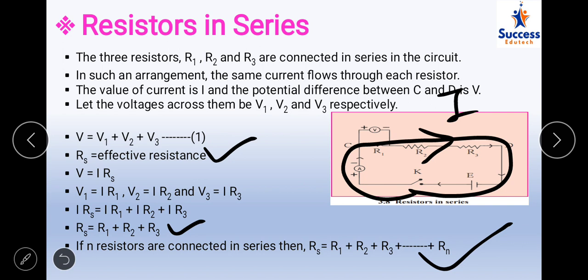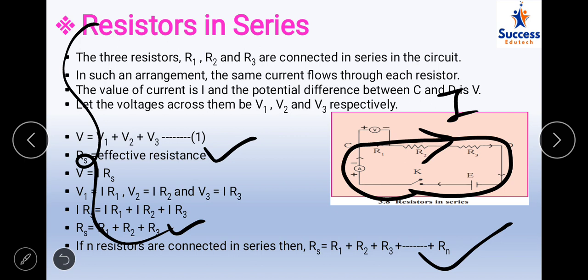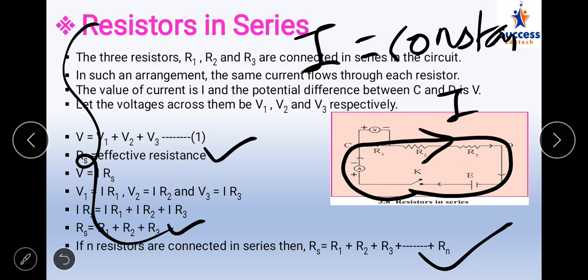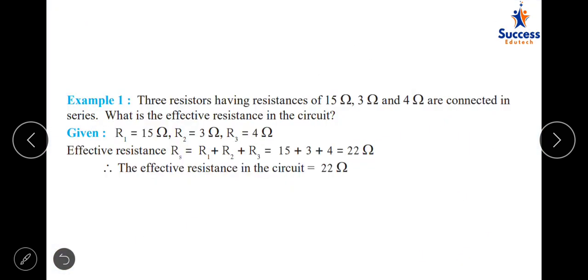What you have to conclude from this entire slide is that whenever resistances are connected in series, first, the current I remains constant, and the voltage gets distributed, that is, it is different for different resistors. So V is equal to V1 plus V2 plus V3. And what you should remember is that the final, effective or equivalent resistance is the addition of all the resistances. This formula is very important: Rs is equal to R1 plus R2 plus R3 and so on up till Rn.